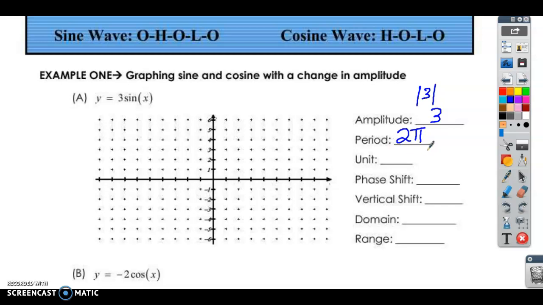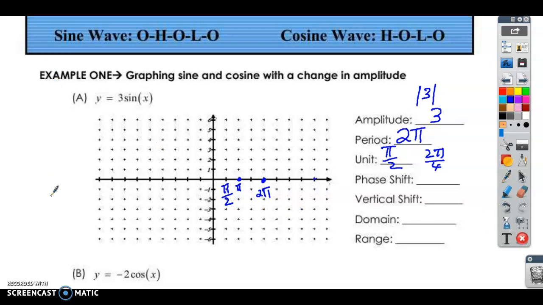And 2 pi over 4 is pi over 2. So that is what we are going to number the graph by. So I'm just going to put a pi over 2 there, this is 2 pi over 2, so that's pi, 3 pi over 2, 4 pi over 2, which is 2 pi.